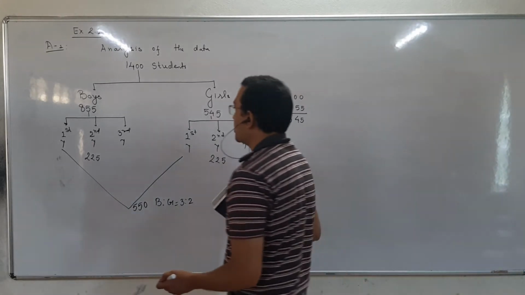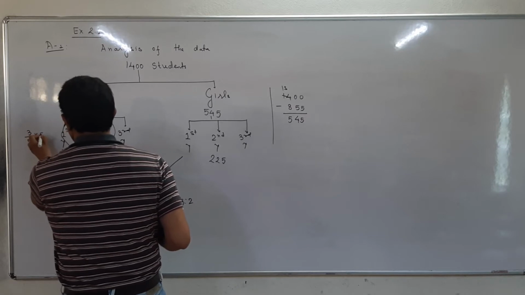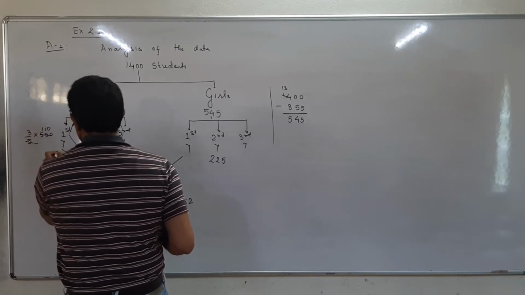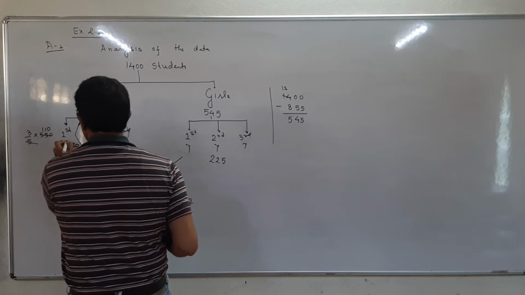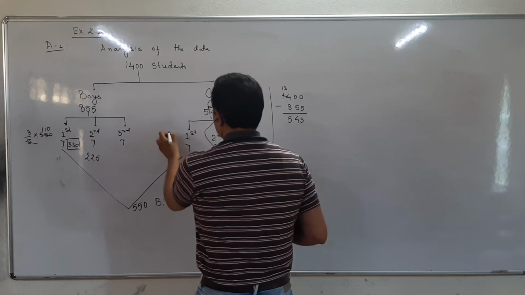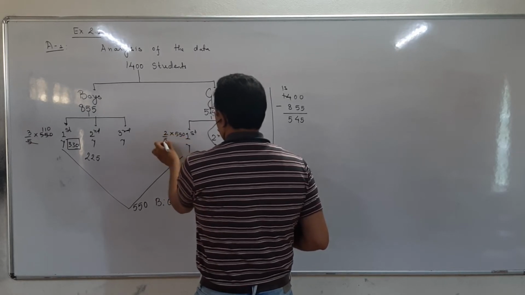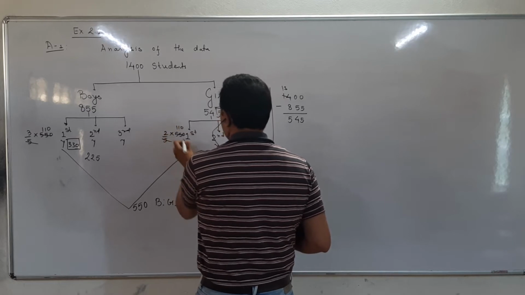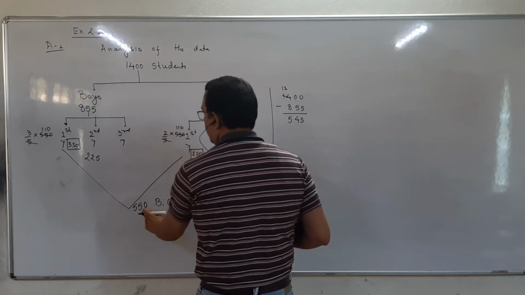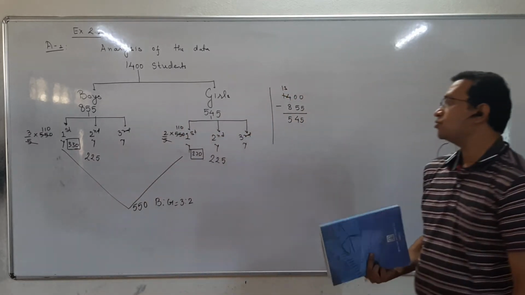Number of boys will be 3 by 5 into 550. 5 ones are 5, 11 are 110, so this is 330. Number of girls will be 2 by 5 into 550, so this is 220. Or even 550 minus 330 will give you 220. Both ways you can do.